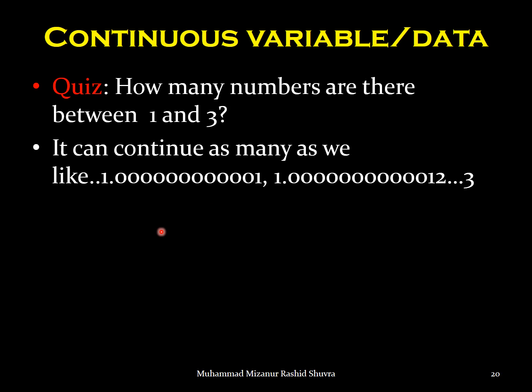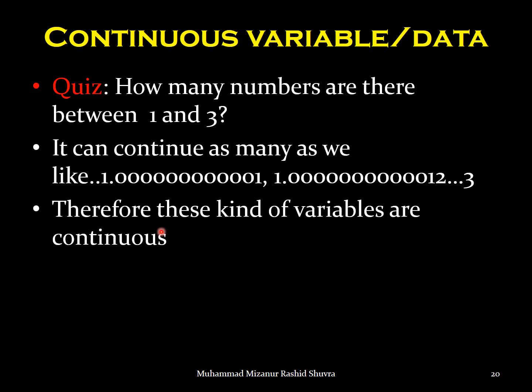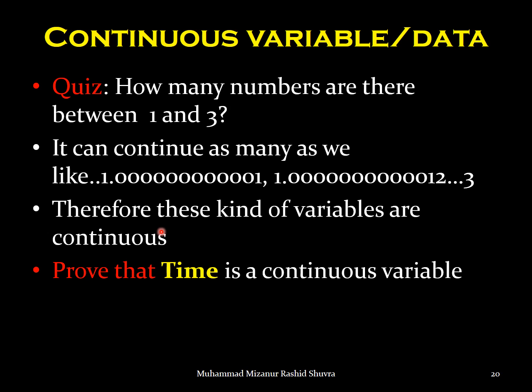Okay, and that's the nature of the quantitative. So therefore this kind of variables are continuous. It can keep on going between one point to another. And time, as I said, is a continuous variable. But can you prove it? Well, I've already told you, you can't prove it. Time is a continuous variable, because you have 1 second, 1.1 second, 1.12 second, 1.13 second, 1.14 second. You're measuring that, and it's interesting. If you see a stopwatch, it really moves on that way, right?